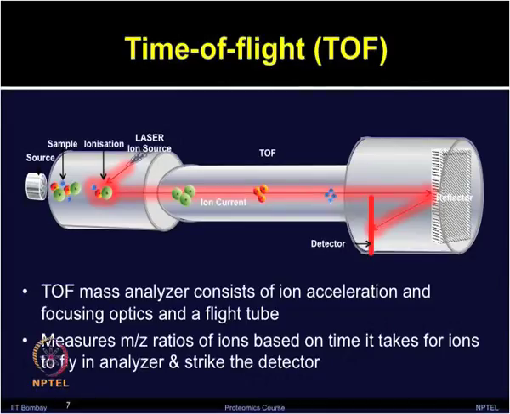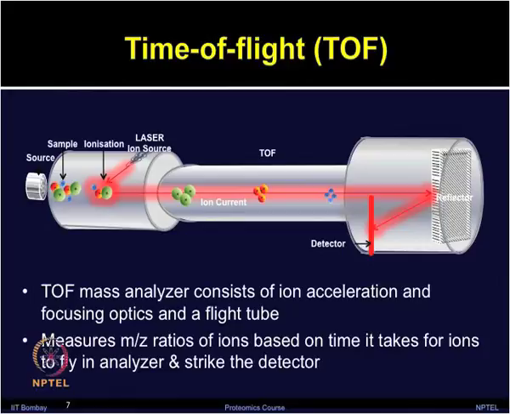So, the TOF mass analyzers consist of ion acceleration and focusing optics and a flight tube. As shown in the slide, you have a source, where sample ionization occurs due to laser beam bombardment. Then ions move in the time of flight tube toward the detector.